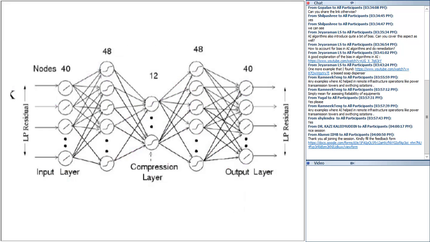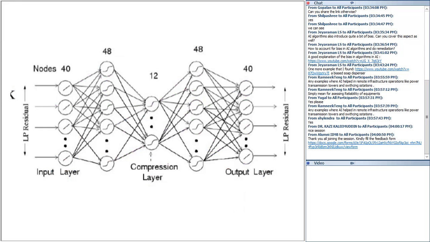And how is the system built? This is a neural network model. For one particular clip, if you talk about the compute, this is the visual of the neural network model. It is a 5-layer model, with 40 nodes in the input layer and 40 nodes in the output layer. So I am passing 40 data points at a time in one go, and we call it the window size.